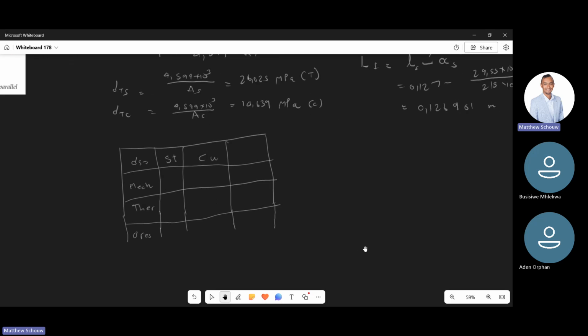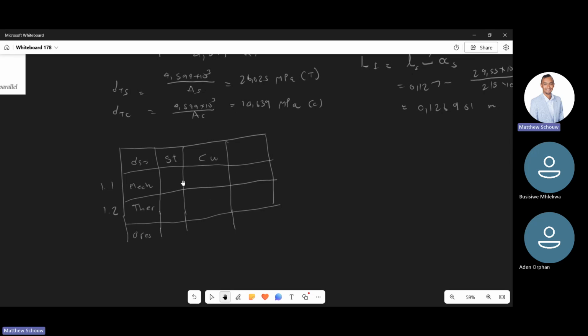Let me know when you're done with the table. Just bear with my table over here. So this is basically 1.1 and then 1.2. Once you're done, just let me know.